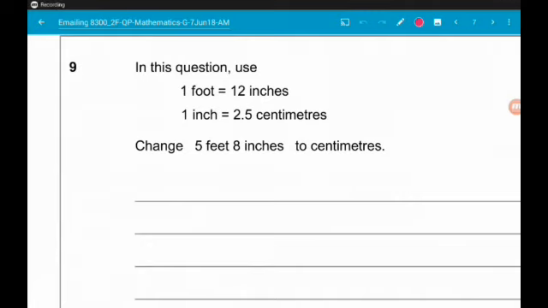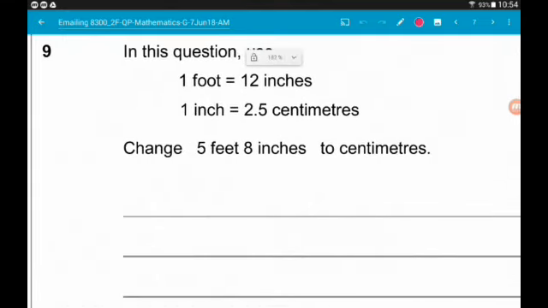To 9, so in this question we are using 1 foot is 12 inches and 1 inch is 2.5 centimetres. We want to turn 5 feet 8 inches into centimetres.